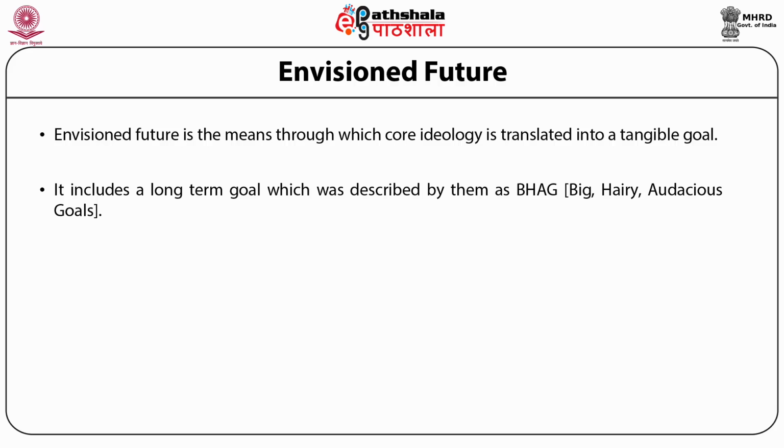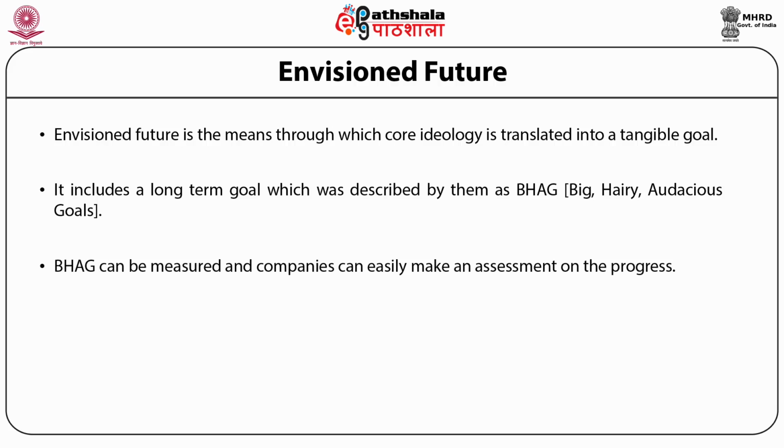We pronounce it as BHAG, where it stands for big, hairy, audacious goals. The goals which the company sets should be big enough and motivating enough for everyone to actually achieve. The BHAGs can be measured and companies can easily make an assessment of the progress of these goals.